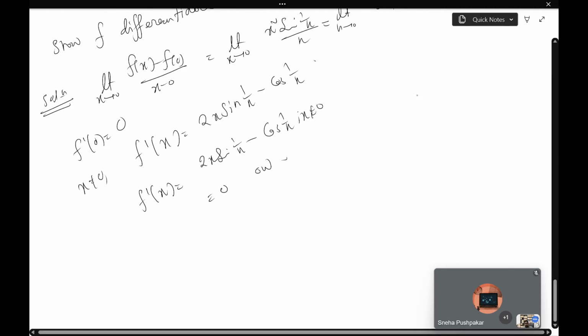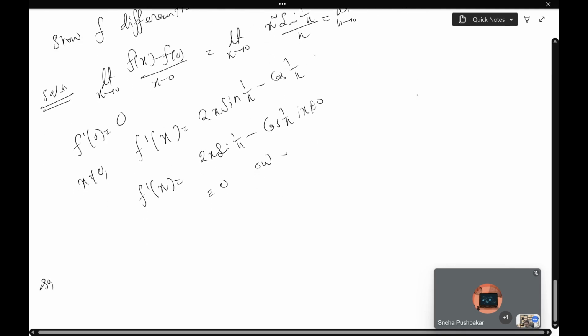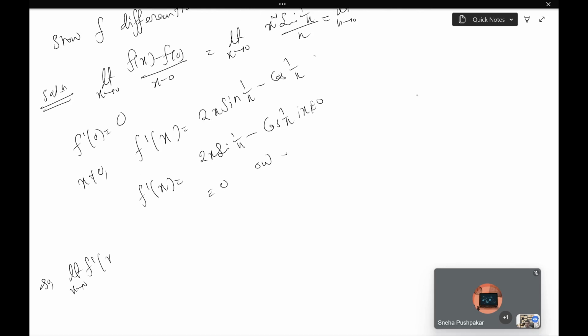Okay. So limit x goes to 0 of f dash x does not exist. Why?